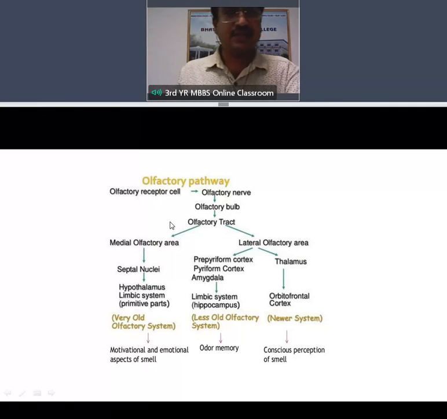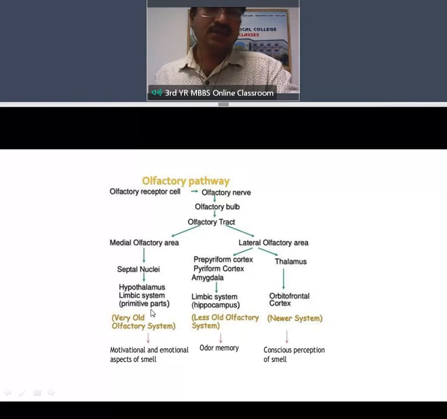So this is the olfactory pathway. From the olfactory receptor cell to the olfactory nerve, it will reach the olfactory bulb, and then there is the olfactory tract. From the olfactory tract, there are the medial olfactory area and the lateral olfactory area. From there to the septal nuclei, hypothalamus and limbic system. These are the primitive parts.